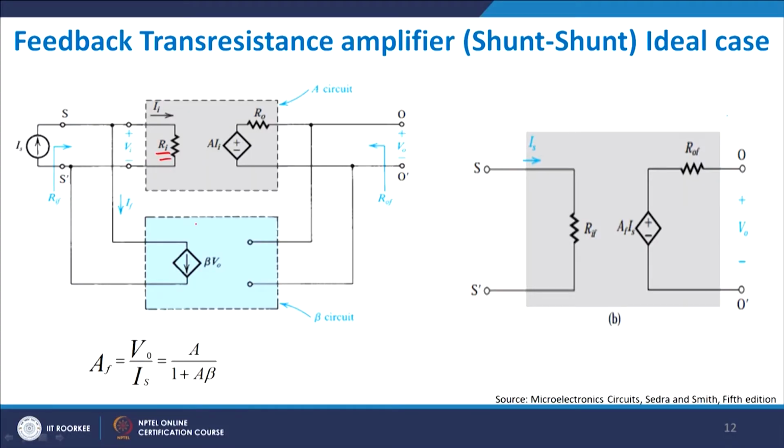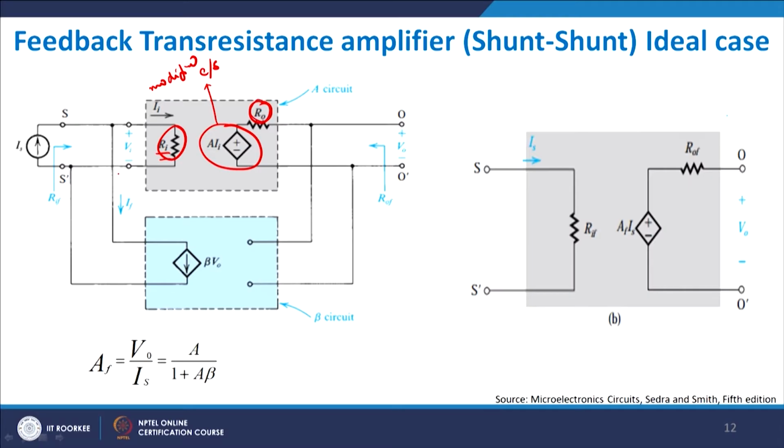Now, let me come to the shunt ideal case. In the shunt, if you remember, both sides are parallel, and therefore you see this is Ri, which is the input resistance, and then you have output resistance R0, and this A into Ai, or A into Ii, is nothing but a current source, your modified current source as compared to an ordinary one, and this is Ri which you see, and Ro is the output impedance which you see here.